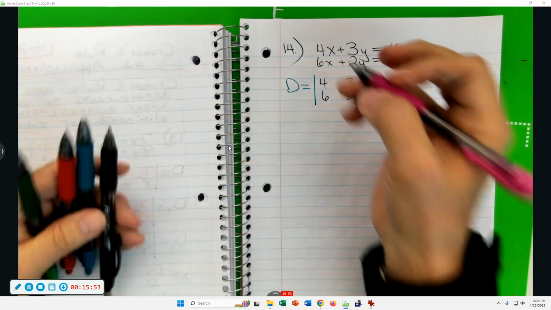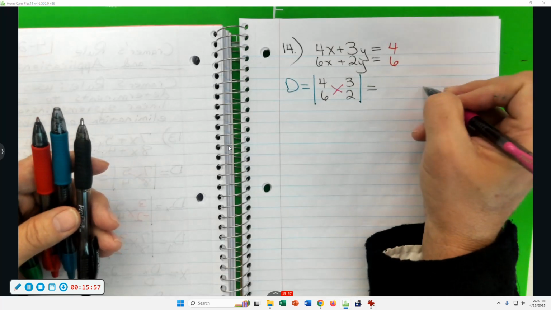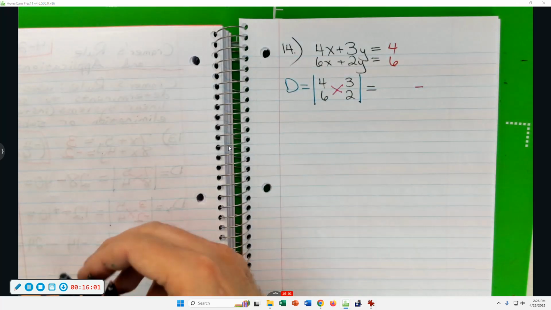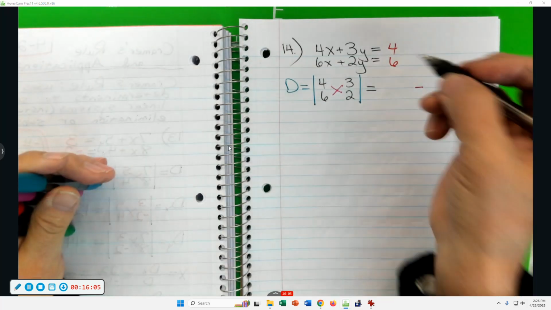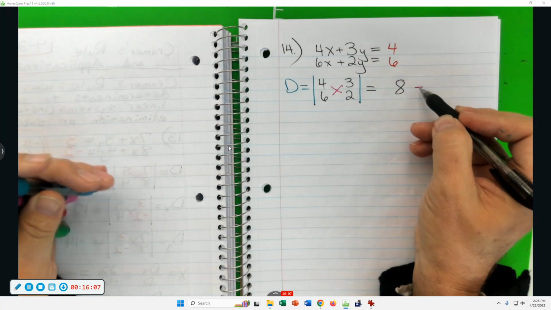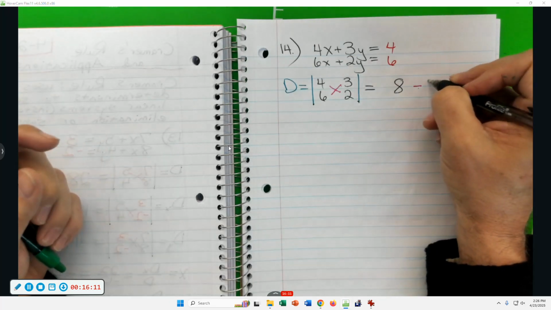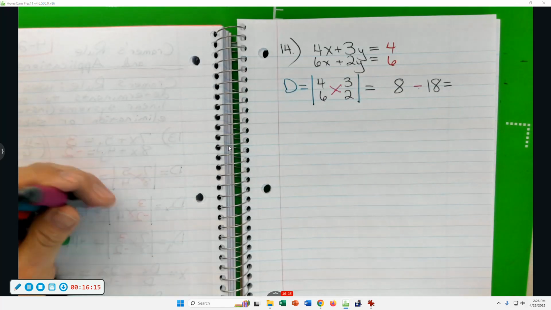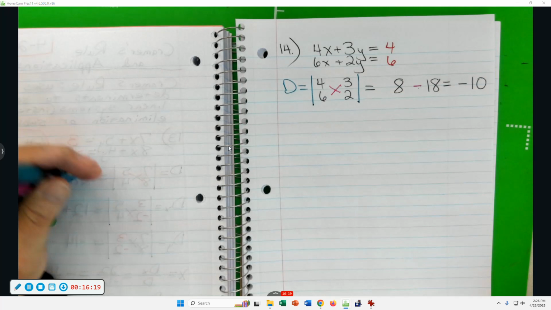And then we multiply minus multiply. We get 4 times 2, that's an 8, minus 6 times 3 is an 18. 8 minus 18 gives me a determinant of negative 10.